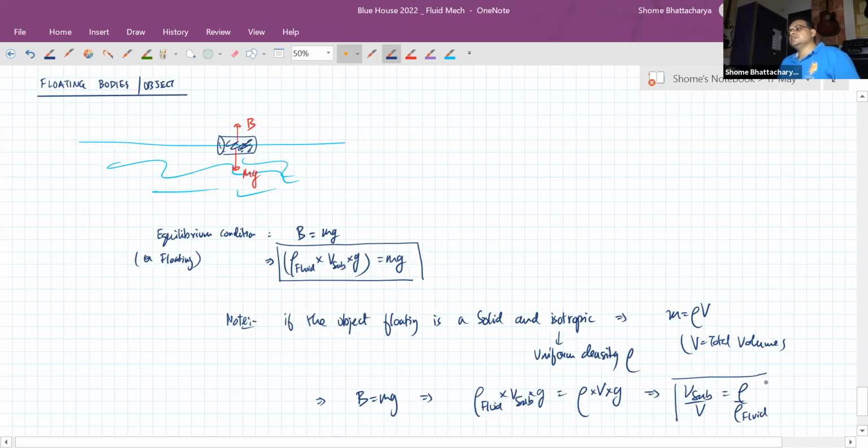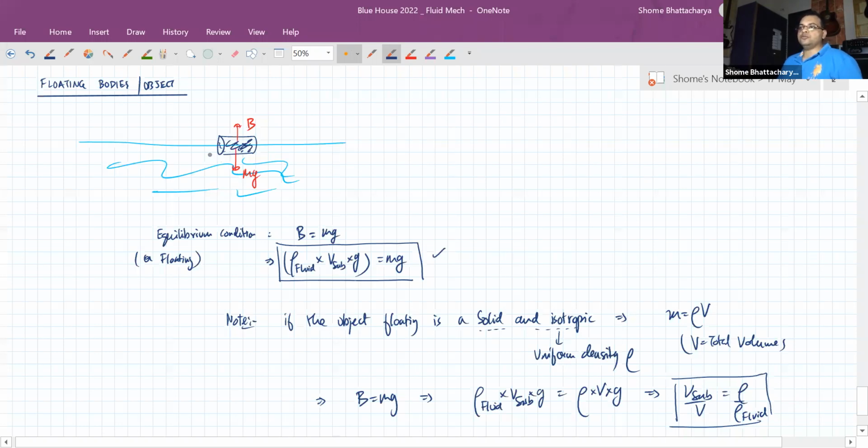But remember, this is a special case of the above equation, the floating condition, when the body is made of isotropic material and it is solid. Only then we can replace the mass with something so simple that it's a uniform density into the total volume. So this equation above here, this is universal for any floating object.